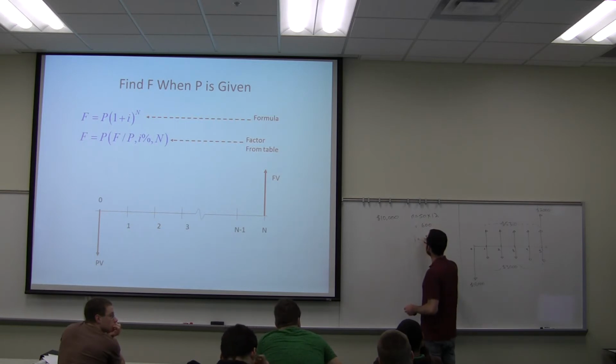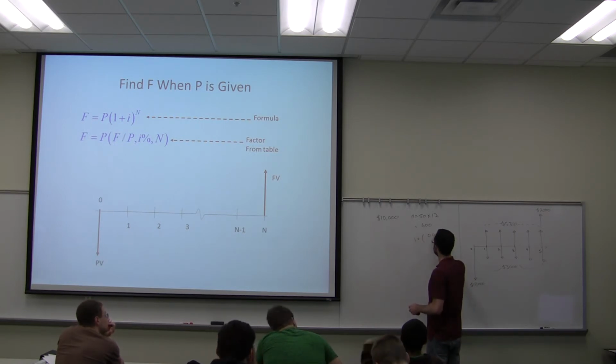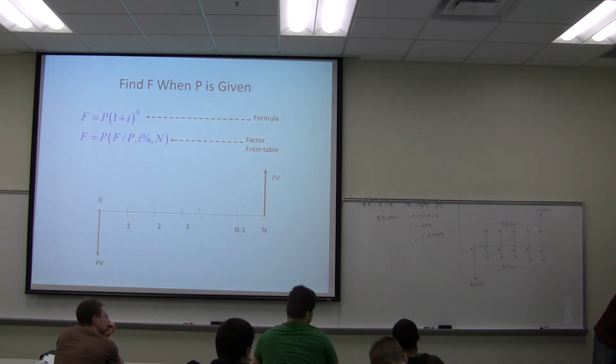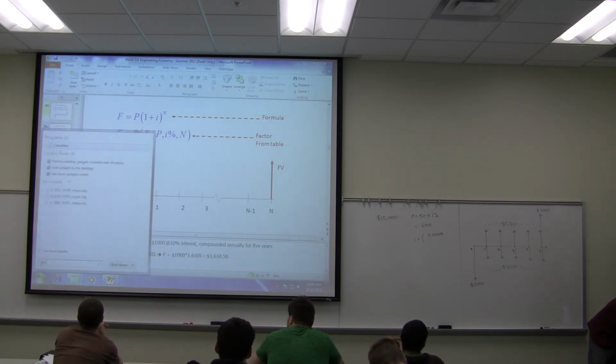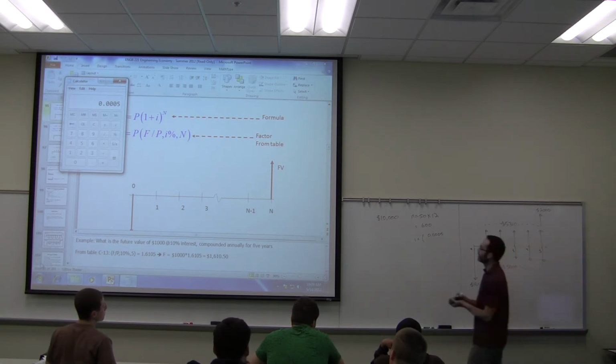But the interest rate per period is 0.05%. Actually, it's 0.0005. These are so small that it's hard almost to keep track of how many zeros there are here. Calculator. So it was 0.05% divided by 100, okay, 0.0005 per period.